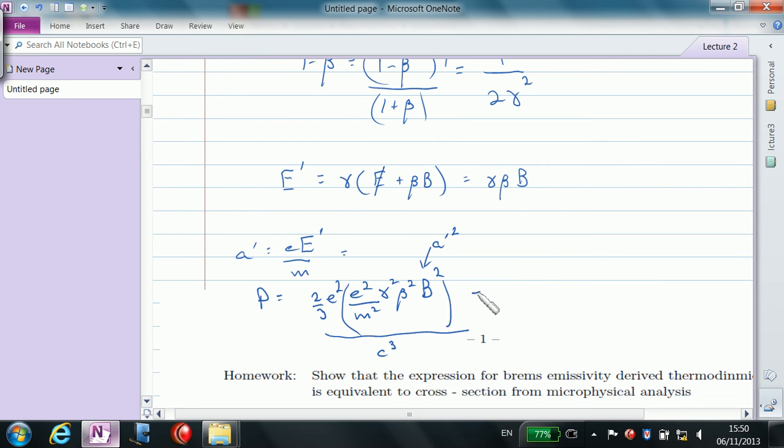Alright, let's see where this gets us. So this is 2/3 times e to the fourth over m squared times gamma squared beta squared B squared.